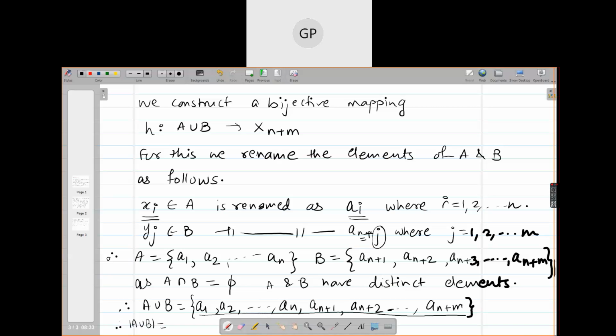How many total elements do you see? Can you see n plus m elements? Yes, ma'am. So the cardinality of A union B becomes n plus m, and that is nothing but cardinality of A plus cardinality of B.